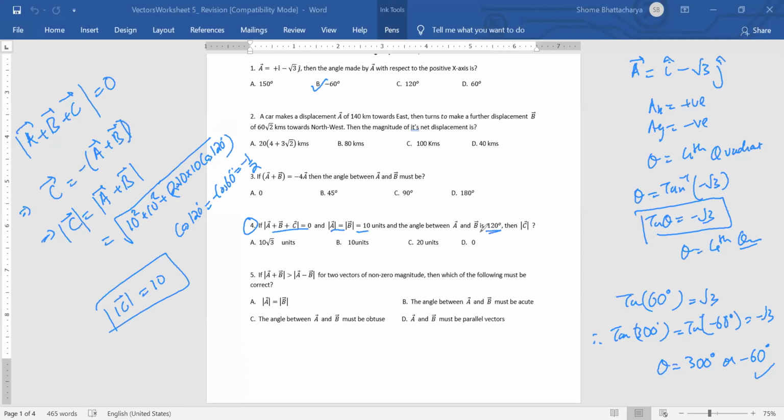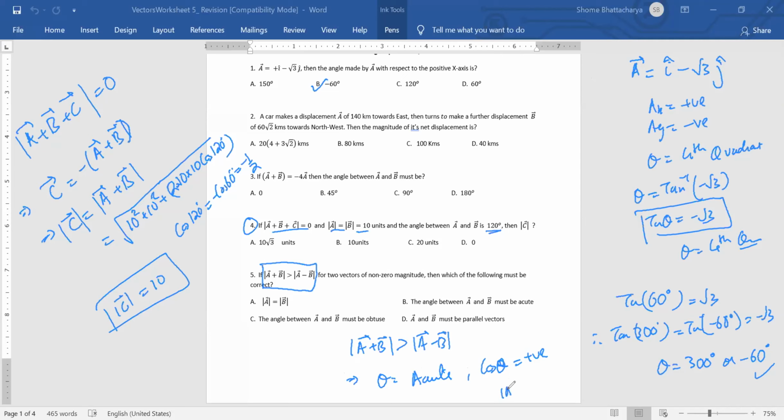Okay, so the first and fourth questions are clear, I hope, to all of you. Now the fifth question is again a direct inequality based question. You can see that mod of A plus B is greater than mod of A minus B, which means that theta is acute. So cos theta is positive.